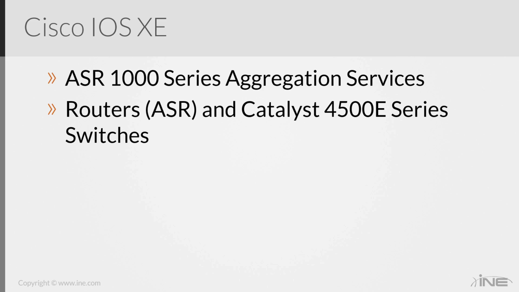The CSR 1000V is a platform you can download from Cisco's site, deploy into an ESXi environment, and then run everything inside of ESXi. A lot of the content that I produced for CCIE was done on the CSR 1000V.